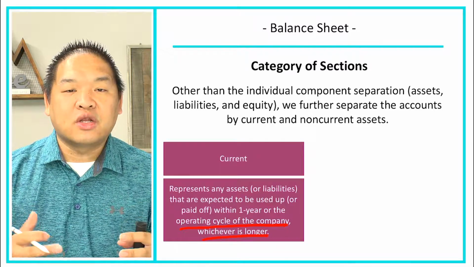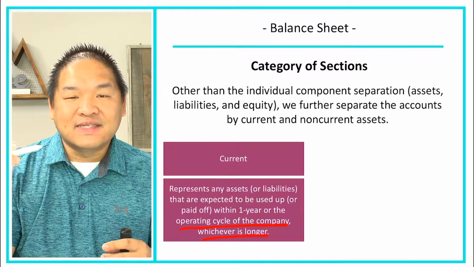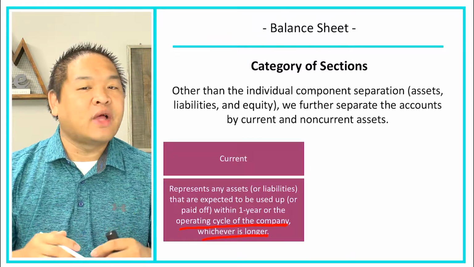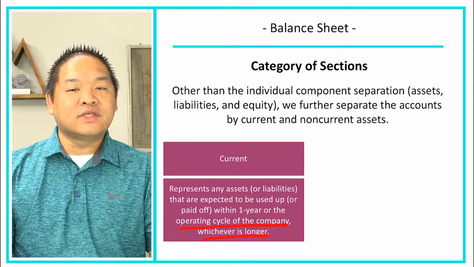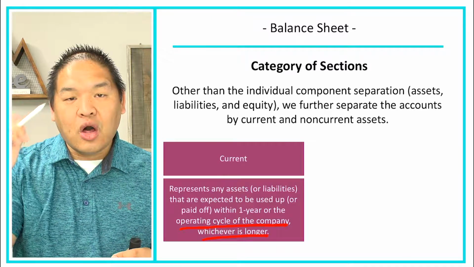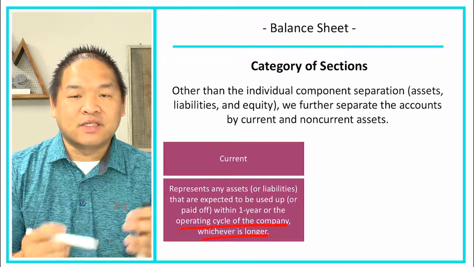It takes them longer to go from cash to, let's say, buying inventory to then selling that inventory and coming back to cash. Those companies are like construction companies. Construction companies might take 2 or 3 years to build a building, so their operating cycle is going to be much longer than, let's say, a retail store that buys goods and then sells them on the floor.